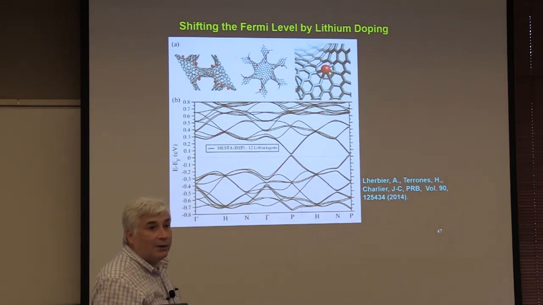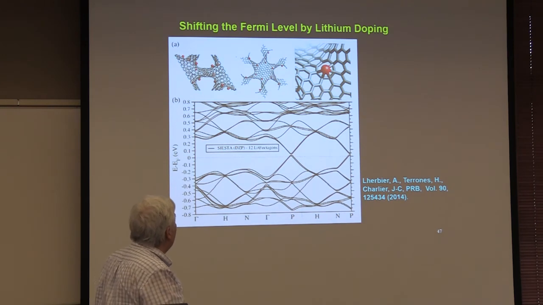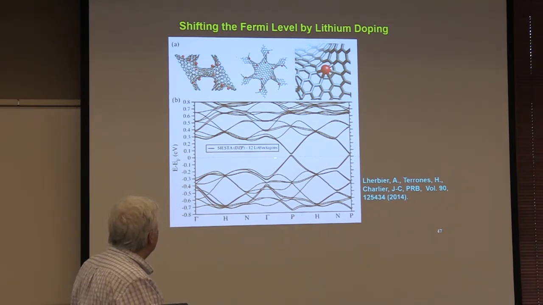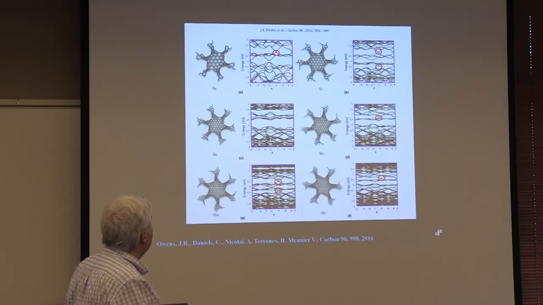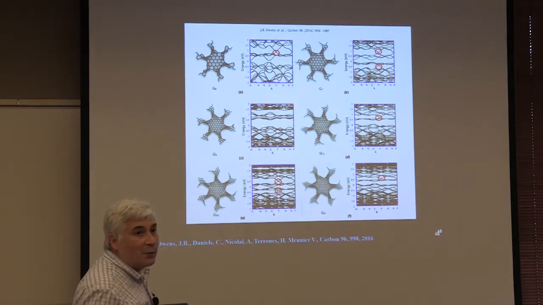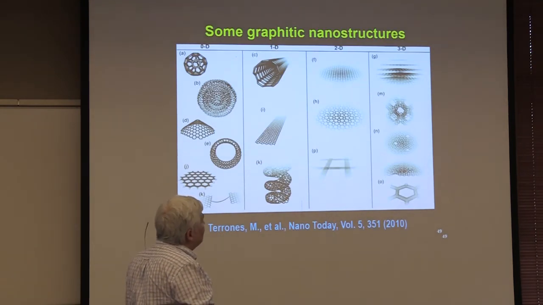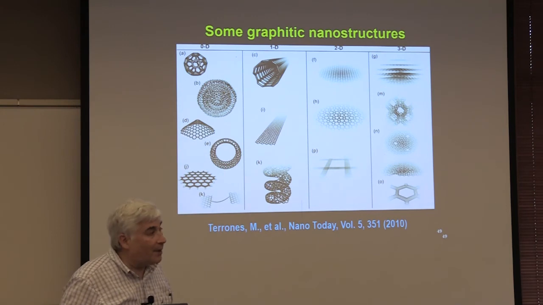Lithium intercalation in carbon materials is very well known, and with lithium you can shift the Fermi level to be very close to zero. And with Professor Meunier, we calculated different gyroids and found these hyper Dirac cones, because we are now working in 3 dimensions. Okay, so there are several possibilities.